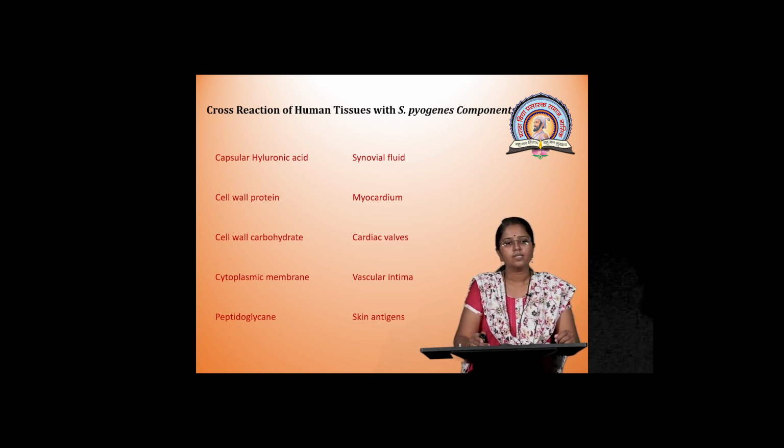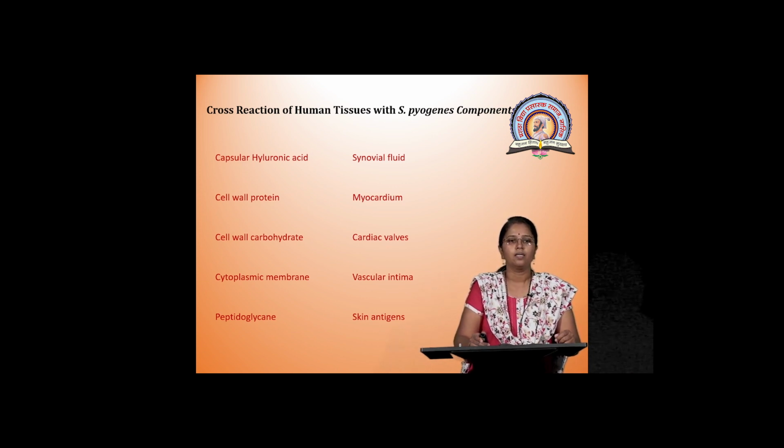Also, the cell wall protein has similarity with the myocardium, so the antibodies synthesized against the cell wall protein will act on myocardium. Cell wall carbohydrates have similarity with the cardiac walls, the cytoplasmic membrane is similar to the vascular intima, that is the internal layer of the blood vessels, and peptidoglycan has similarity with skin antigen.